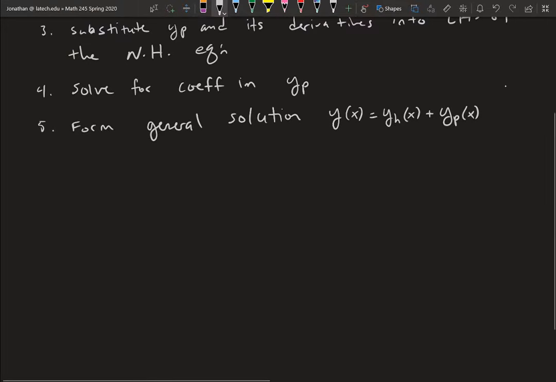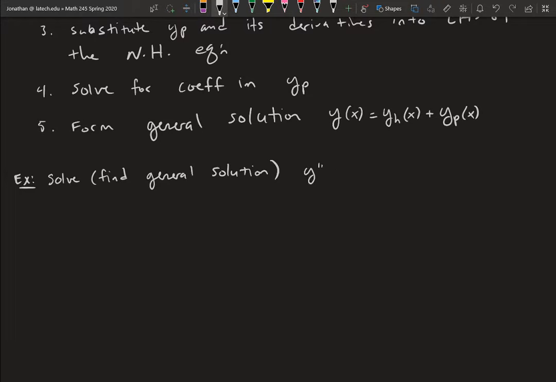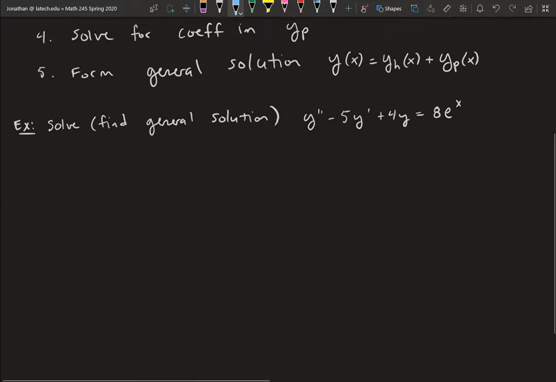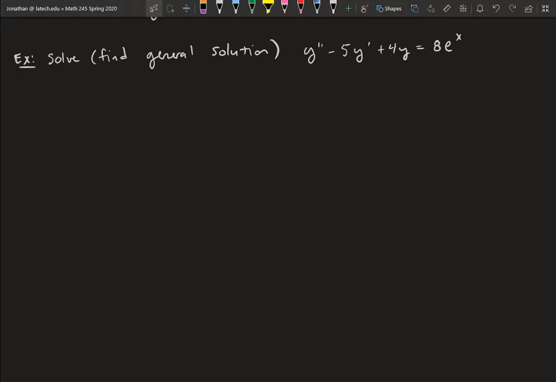Example: we want to solve, meaning find a general solution to, the differential equation y double prime minus 5y prime plus 4y equals 8 e to the x. It's kind of just a recap, and it's going to show us something that can happen.